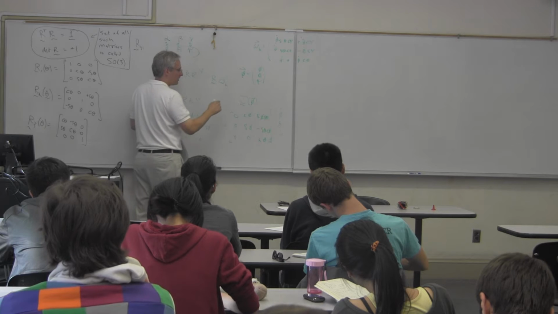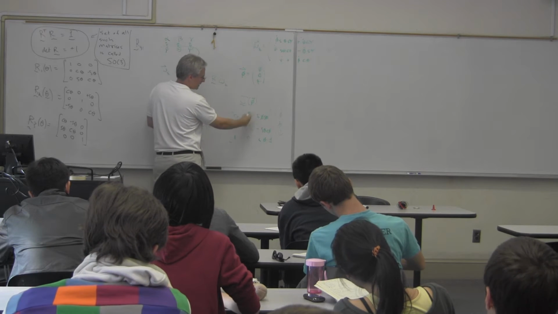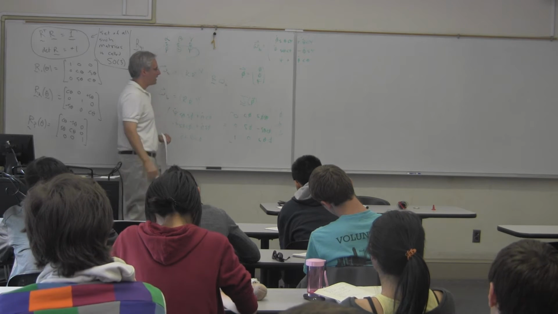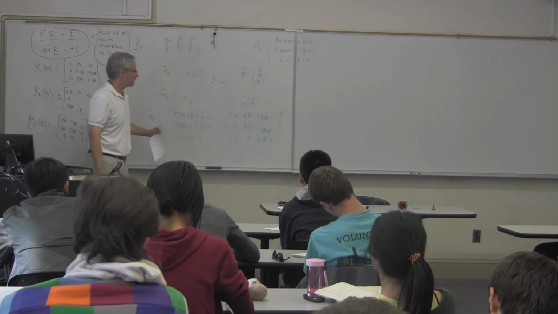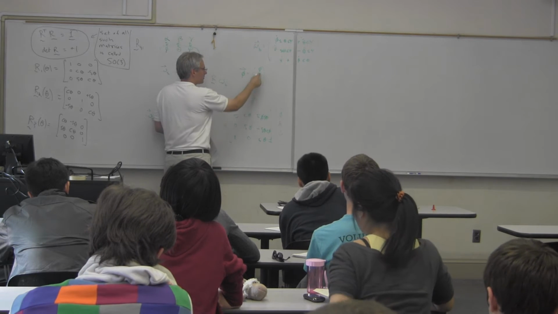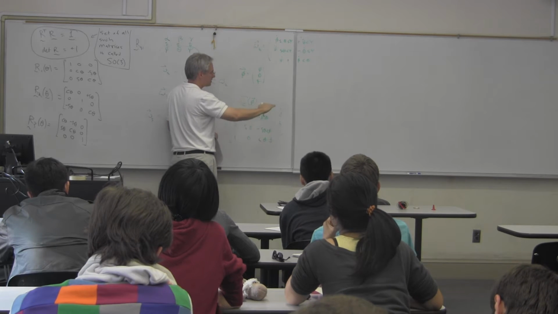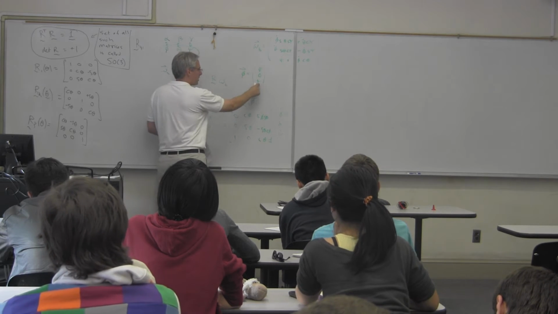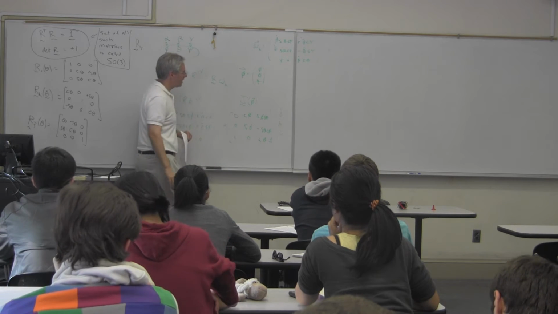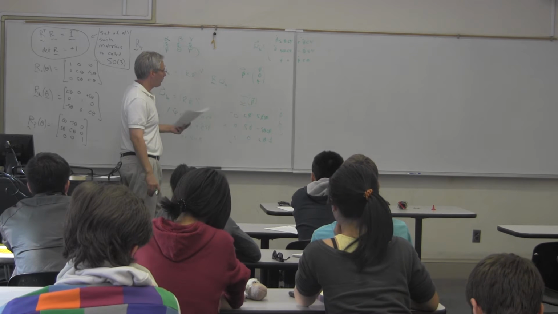It depends on phi, theta, and psi. Actually, it doesn't depend on psi, but we'll still write it this way, which means that it's constant. This phi vector is phi, theta, psi, but this matrix J is constant for different values of psi. So no matter what value of psi you put in, it doesn't affect this matrix. But we can still think of it as a matrix function of all three variables.